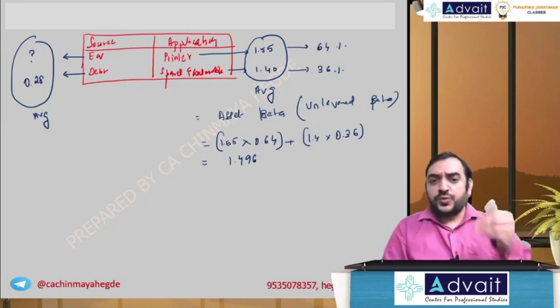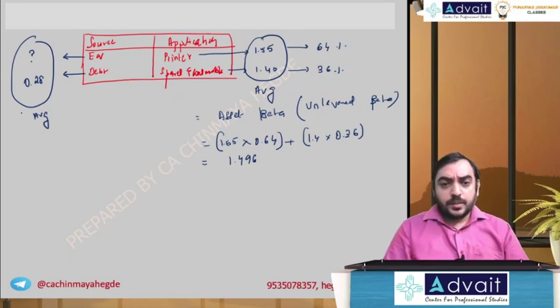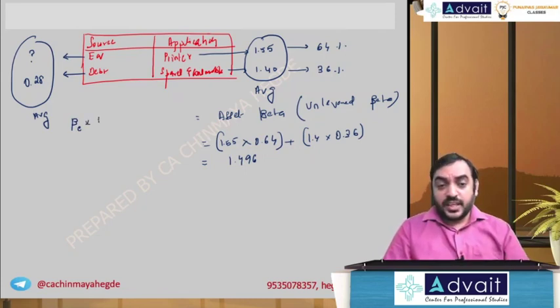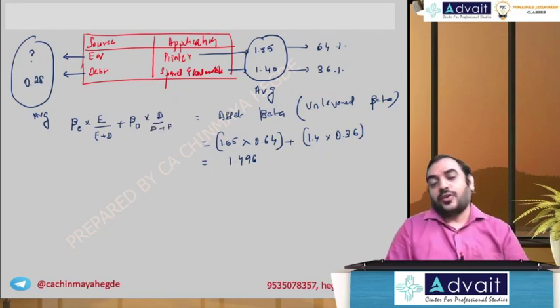This should be equal to the liability side. So on the liability side also we should do a weighted average. Beta of equity multiplied by its weight, equity by equity plus debt, plus beta of debt multiplied by its weight, debt by debt plus equity.